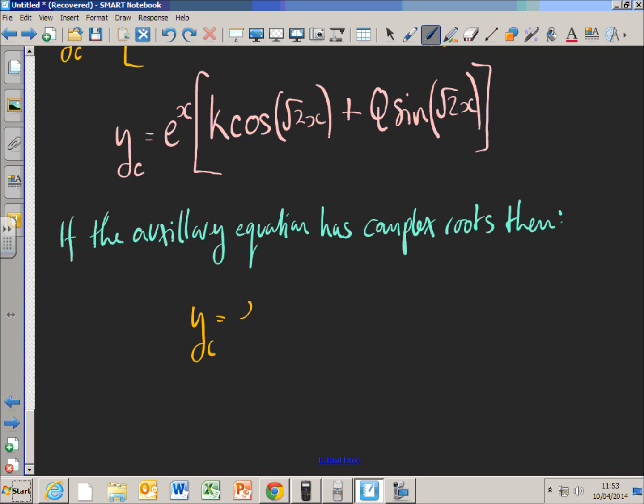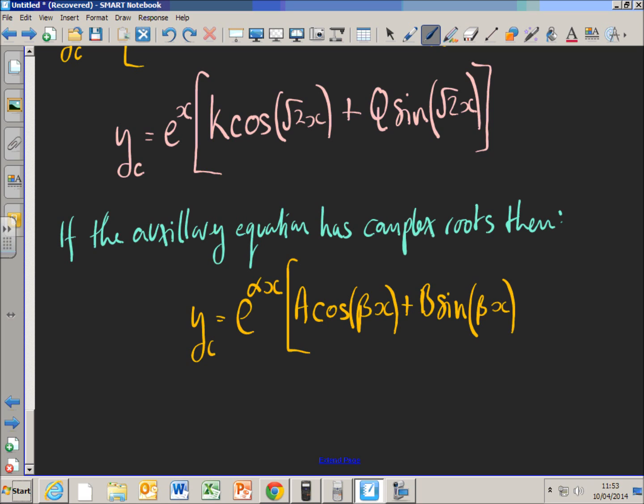Well, first of all, let's do it like this. e to the alpha x times a constant, so A, cos beta x, with beta being the imaginary part. Then we've got b sine beta x.